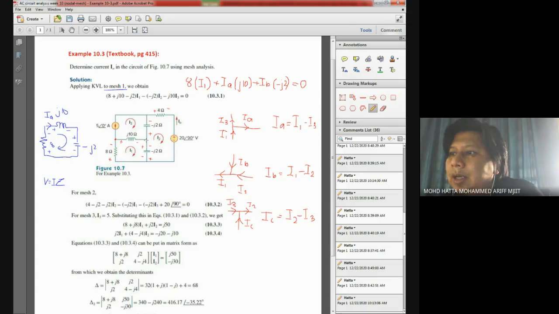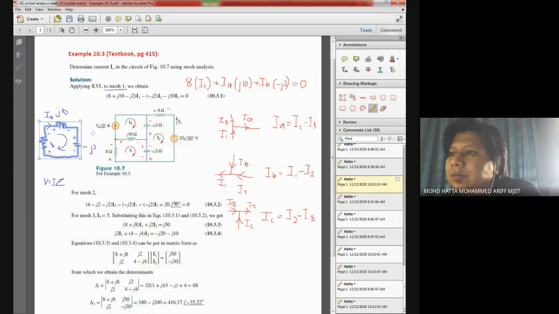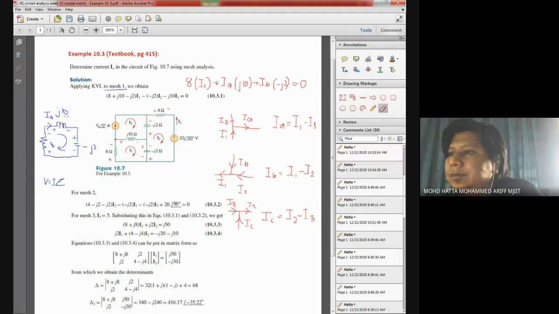And the current flowing through here is not I1 as well.